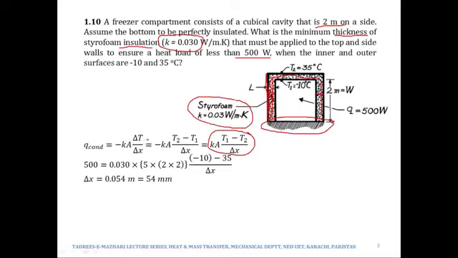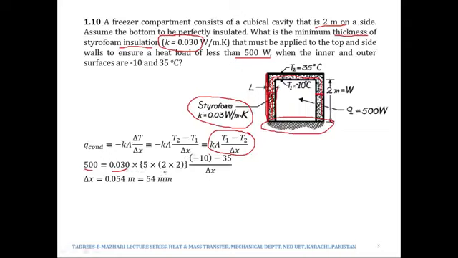Here this would be the temperature difference at the two ends of the insulation, meaning this face and this face of the wall of insulation. And delta X would be the thickness. So Q is given to us as 500, k is given as 0.030.